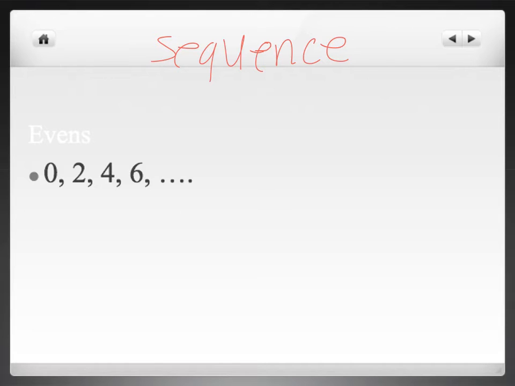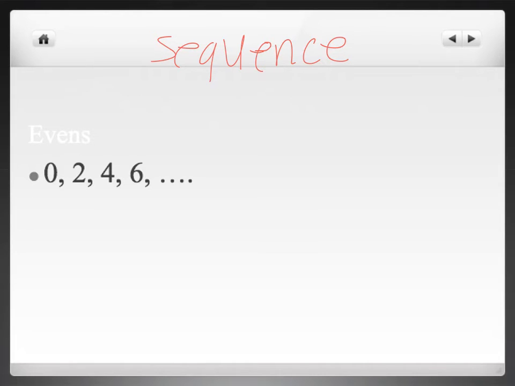We also have sequencing in numbers. So we have a pattern of numbers here, and we can tell right now that it is evens because I've told you that it's evens. But this pattern of numbers is known as a sequence because it happens in a particular order. So these numbers are all placed together because they are in a sequence.